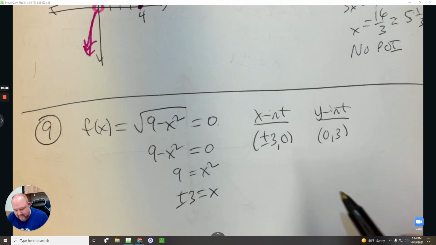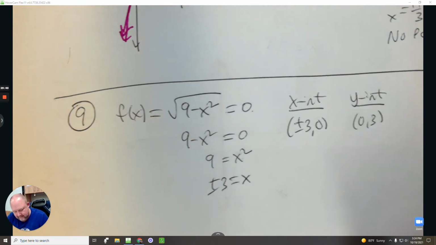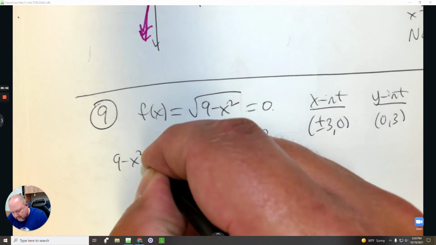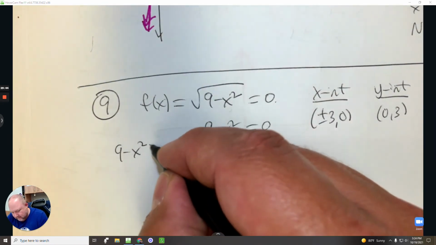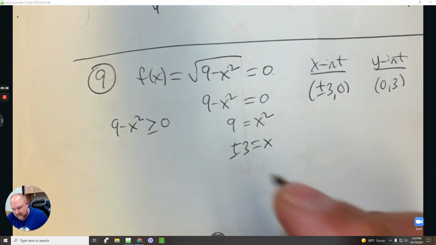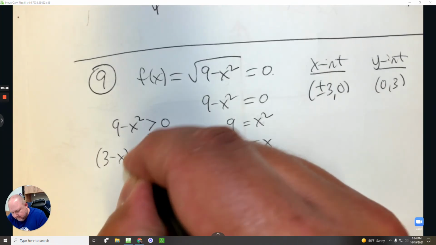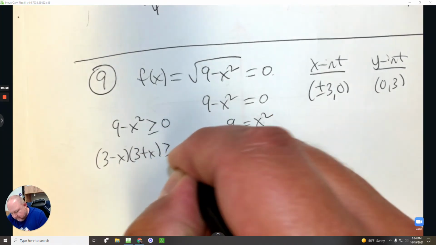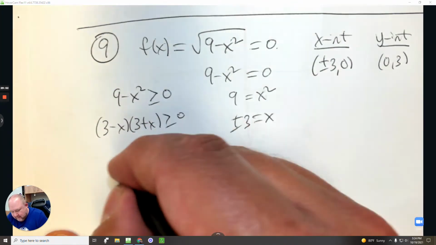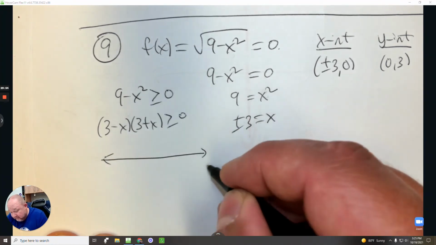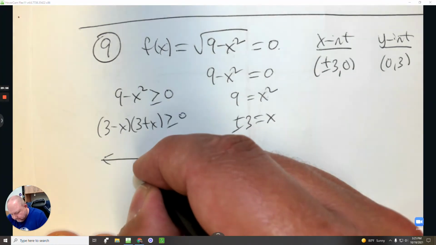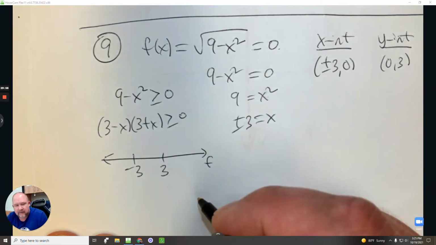The domain, just so you know, 9 minus x squared must be greater than 0. If I factor this, it's helpful to draw a number line just for the function, and have -3 and +3 in.